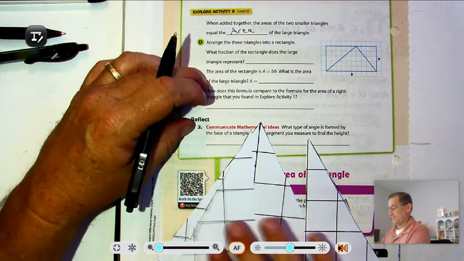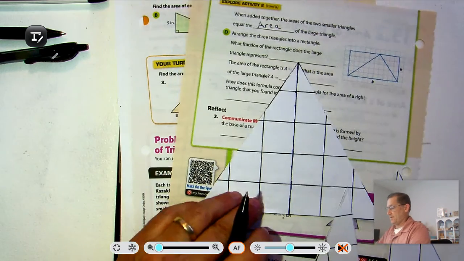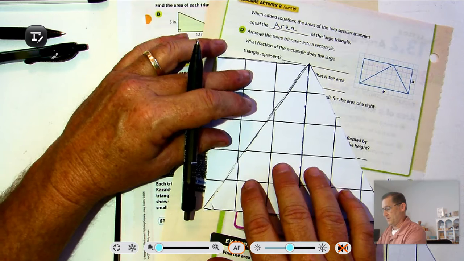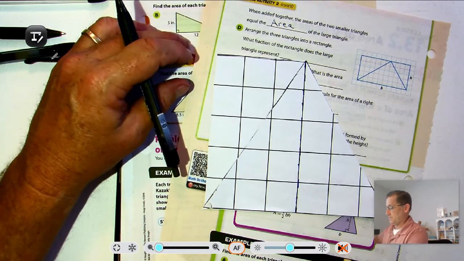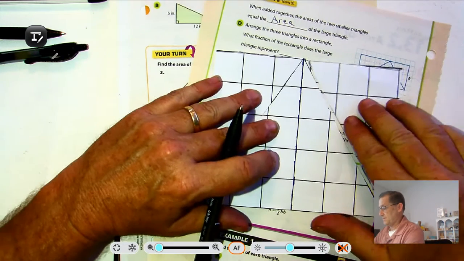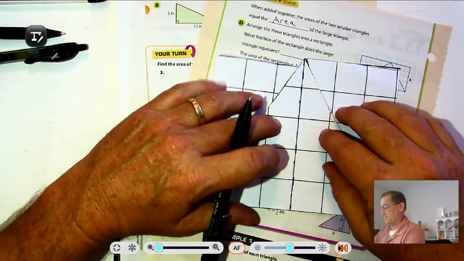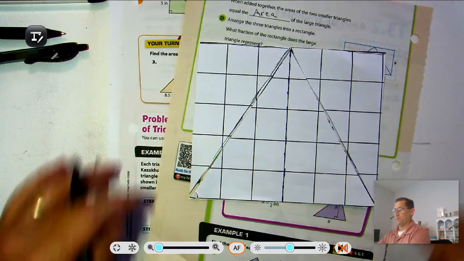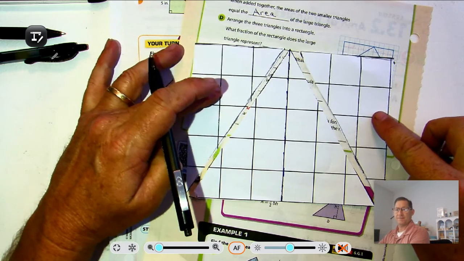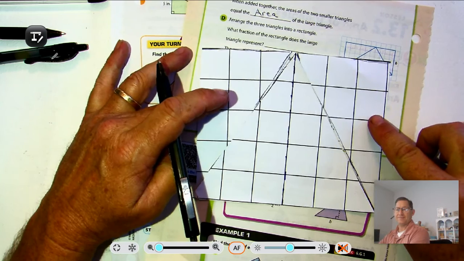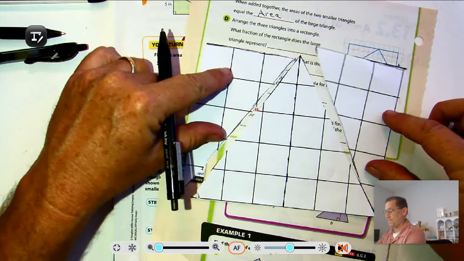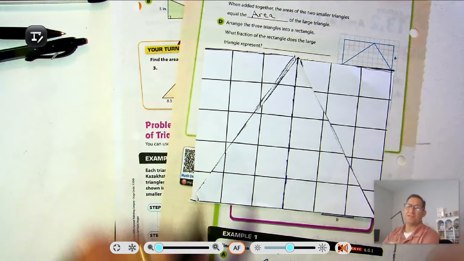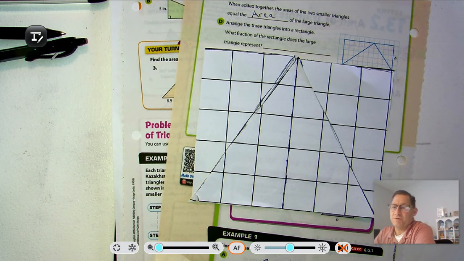So let's put the large triangle, and then let's put the other two triangles to form a rectangle. Okay, so we took the two smaller pieces, put them to the sides, and we form a rectangle. So what fraction of the rectangle does the large triangle represent?